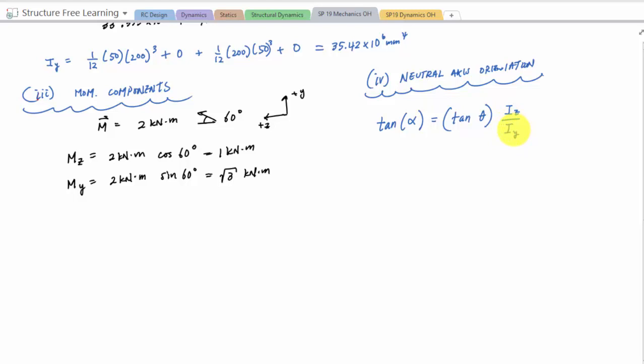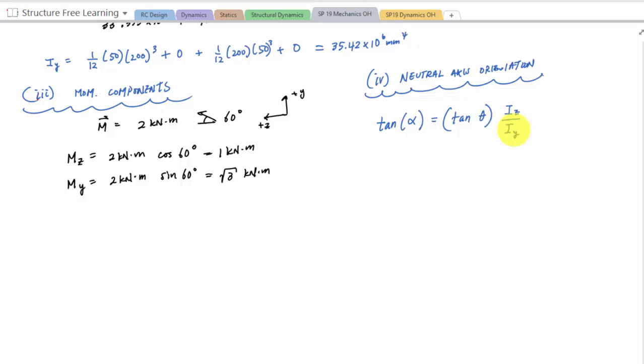Let's see. And it's an equation that would be provided, right? It's on the inside cover of a textbook. It's in your fundamentals of engineering. I wonder if it's in the FE. Oh yeah, tangent alpha is Iz over Iy times tangent theta. Okay. And the neutral axis is where the normal stress equals 0, right?